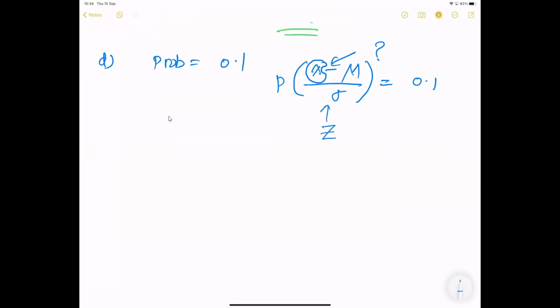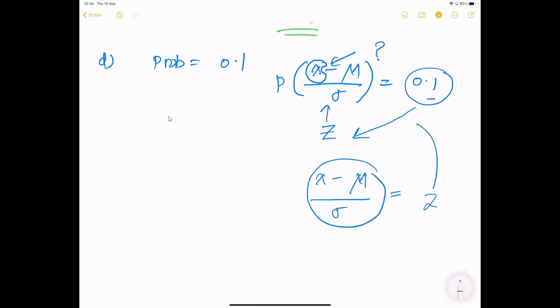They have given the probability. We want to find the Z value related to this 0.1 probability. After that, with the Z value, we can equate this part to that Z value, and we can find X because we know mu and sigma. First, we have to find the appropriate Z value related to this 0.1 probability.